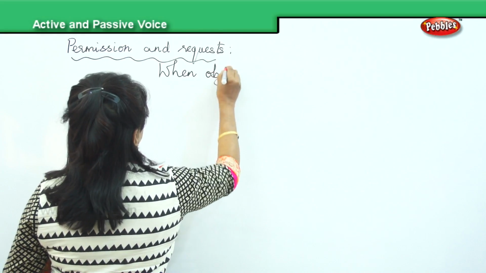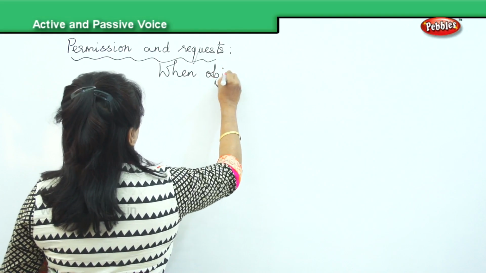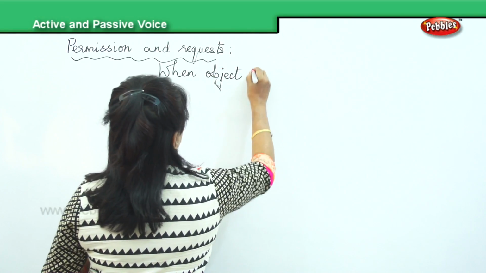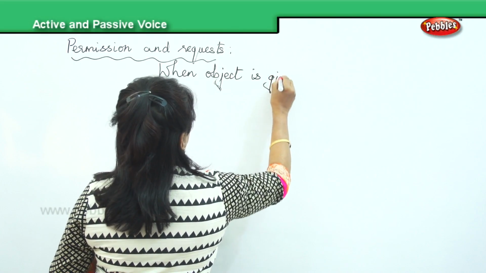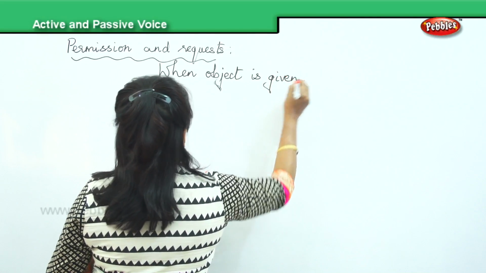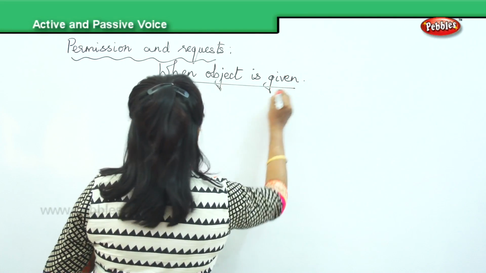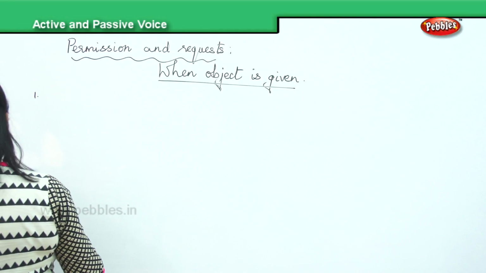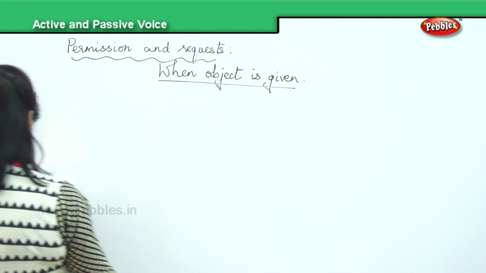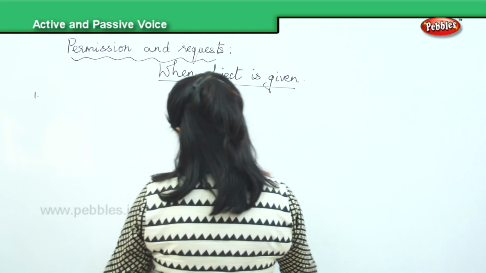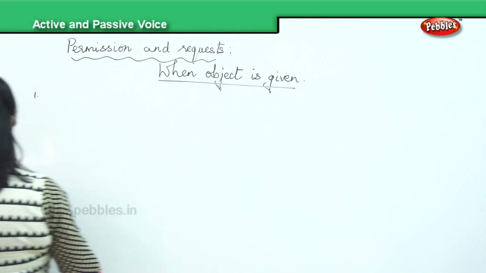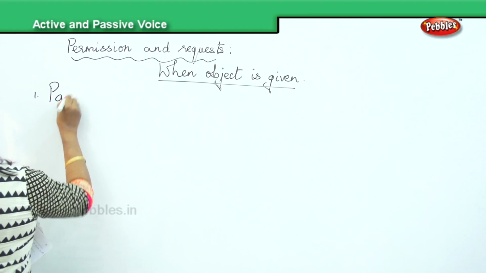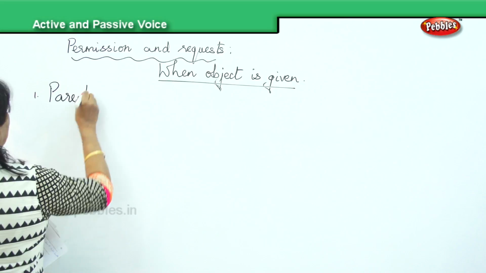When object is given. I'll just give you some sample sentences. First one, parents should be obeyed.